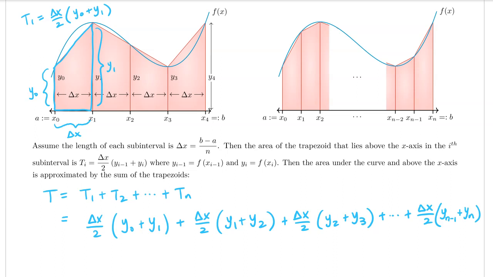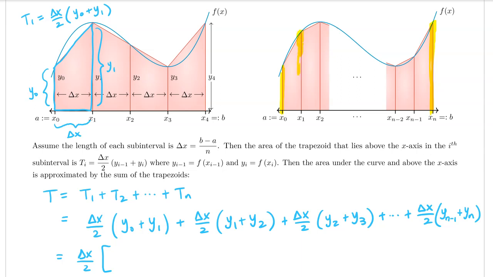Now notice that in this summation, every term has delta x over 2, so we can factor that out of our sum. What's going to be left over? If you notice, every single y value is repeated twice, except for the first one and the last one. Why is that? If you look at our picture here, the first height and the last height are the only ones that are not shared by two trapezoids, because they're on the ends.